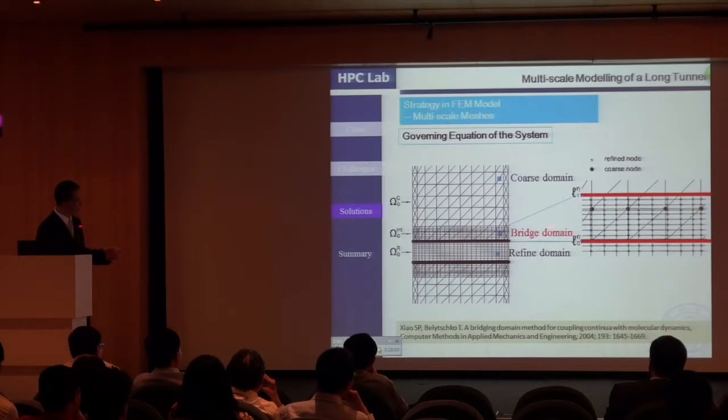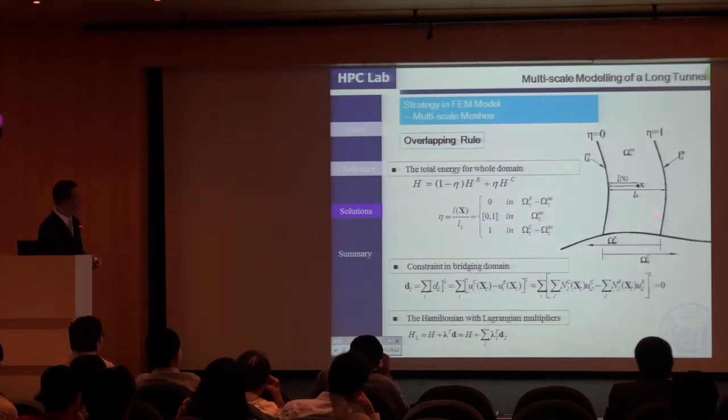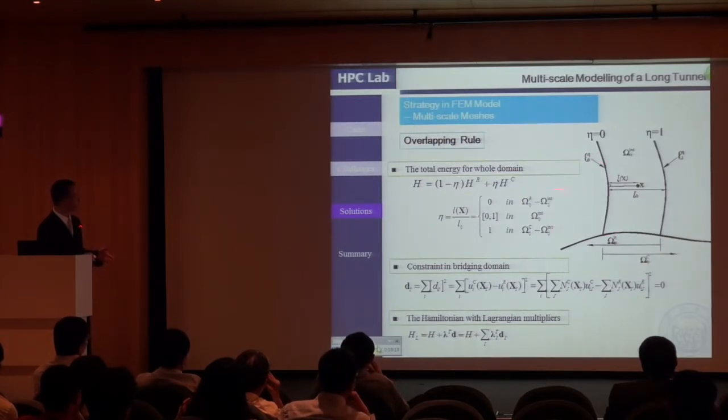This is just as Shaw had developed the so-called bridging domain method. So we use this idea and developed the rule for the interface to consider the Hamilton energy and introduce the Lagrange multiplier to account for the difference between the coarse mesh and the fine mesh.